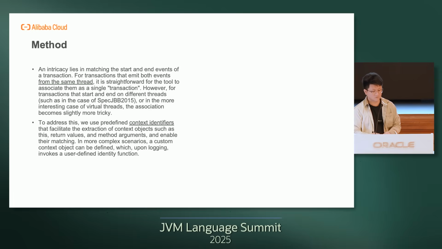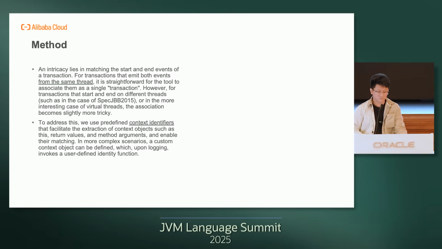And for the interesting case of virtual threads, the platform threads sometimes change, and then you cannot use the TID to construct the transaction, because the platform threads can be changed.